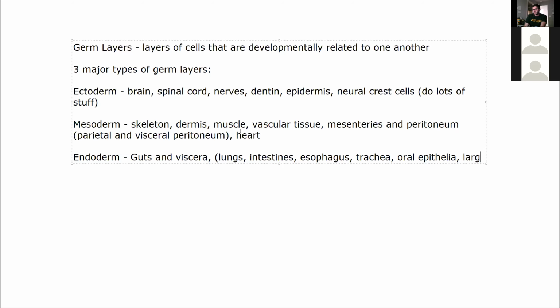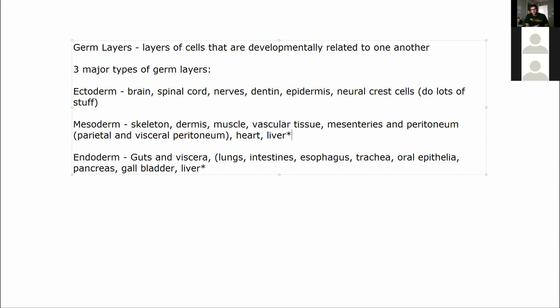The large intestine, or I'll say like pancreas, gallbladder. Now I put liver here, a little asterisk, because the liver is also developed in part by the mesoderm as well. So the liver is kind of made up of both parts there.